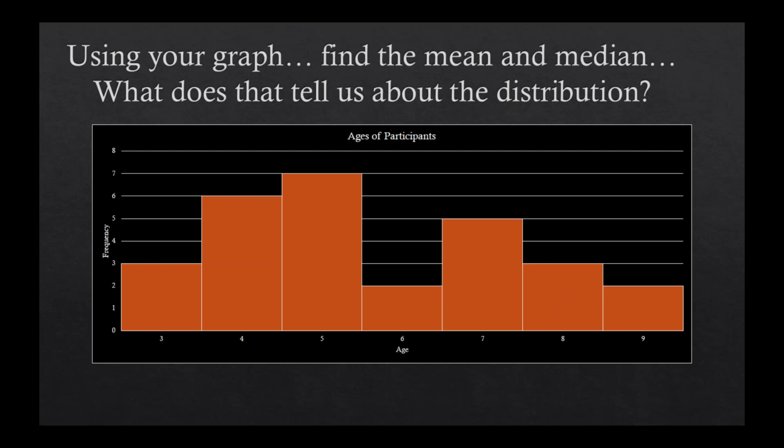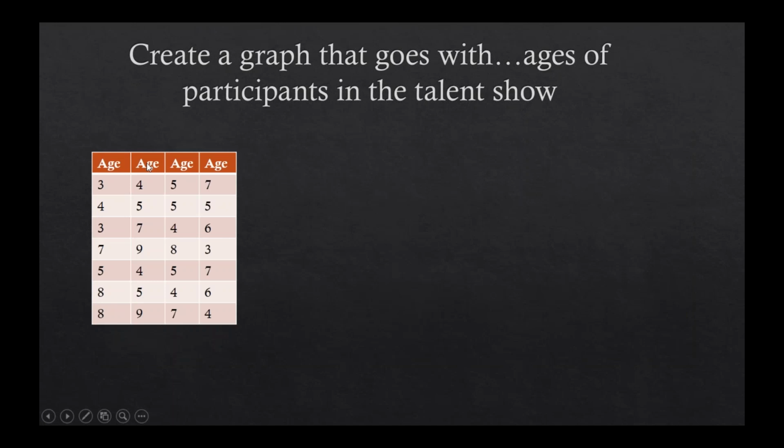So we want to find the mean and the median from this distribution. When we're given a bunch of data, I know that you guys can find the mean and the median of this data, right? We've done that. We did that in section 8, where you can add them all up and divide by how many there are. But when you get to a larger data set, and I don't even know if this is considered large, but when you get to a larger data set and you're trying to find the mean, you're more likely to type a number in wrong, miss one, right?